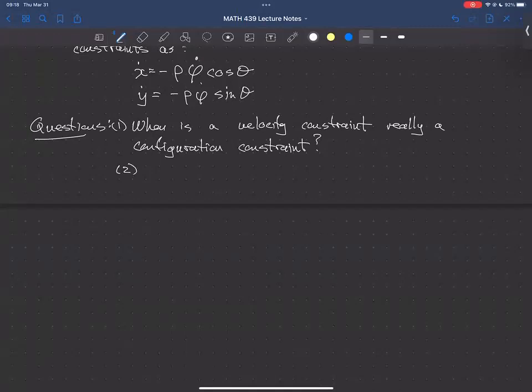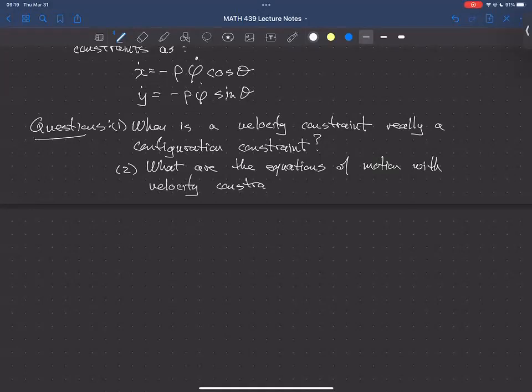And then the other thing is, what are the equations of motion with velocity constraints? Those are the two things that we're going to spend the rest of the term sorting out.